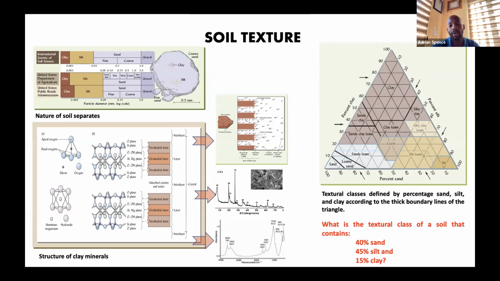So clays go through what you call isomorphic substitution, right? Within these spaces, there are what you call base cations: your magnesium, your calcium, your manganese. Sometimes these cations can actually substitute for the main cations in the structure of the clay. For example, aluminum, which is a 3+ cation, may be substituted by, say, magnesium, which is 2+.